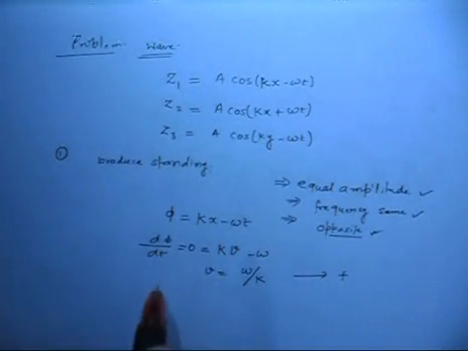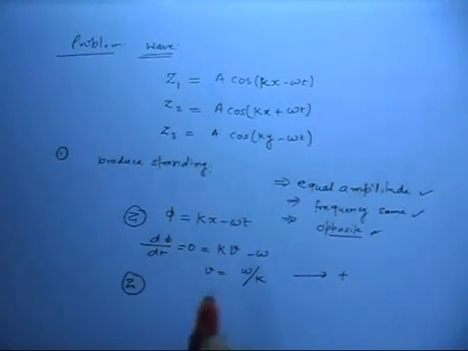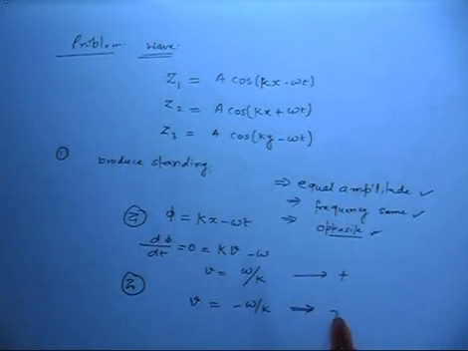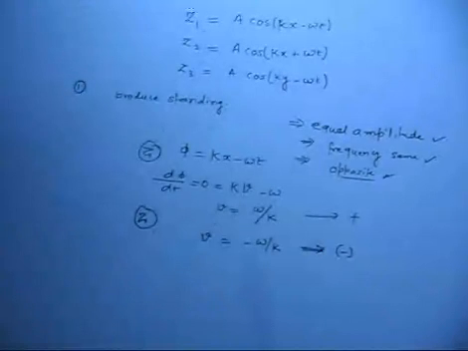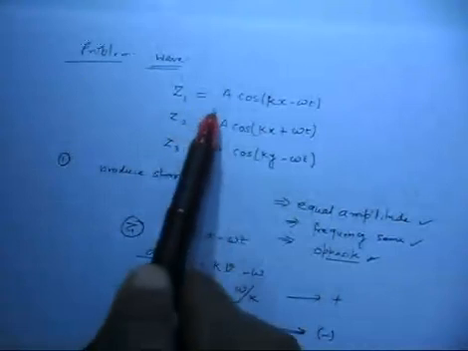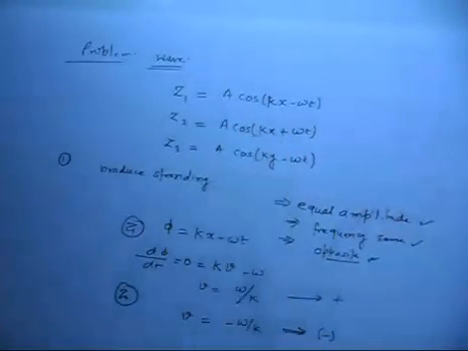Similarly for Z2, you can prove yourself that v is minus omega by k, so this is moving along the negative x direction. Now you can clearly see that if I combine Z1 and Z2, we will get a standing wave.